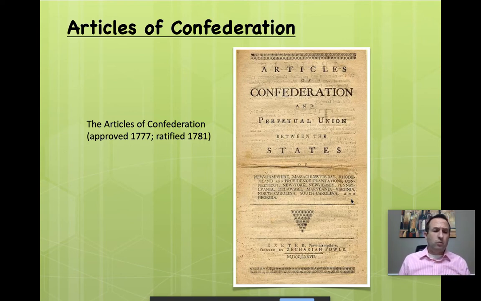Number two, the government cannot raise an army. It can only ask for volunteers. Wow. So no national army here. Now, on the one hand, this makes a lot of sense, right? Remember those revolutionary values. Why did we fight the revolution?